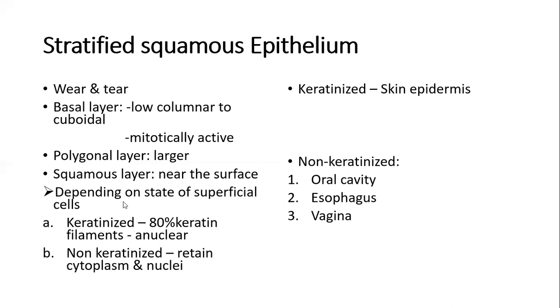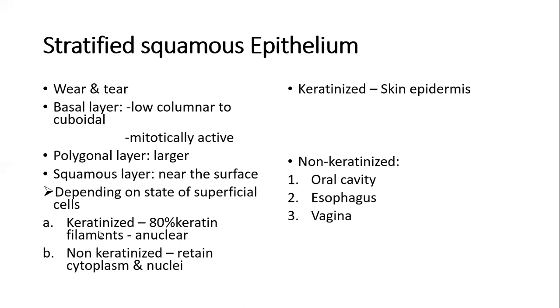Depending on the state of the superficial cells, which is the squamous layer, we can divide the stratified squamous epithelium into keratinized and non-keratinized. Each of these groups has its own peculiar and specific histological features.